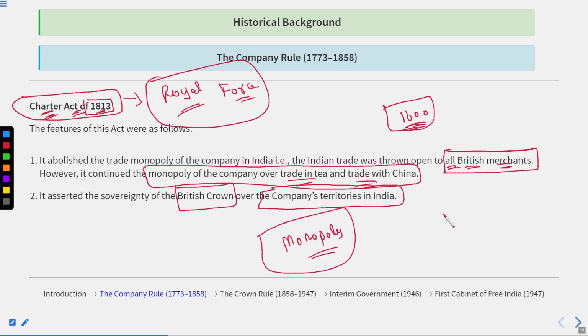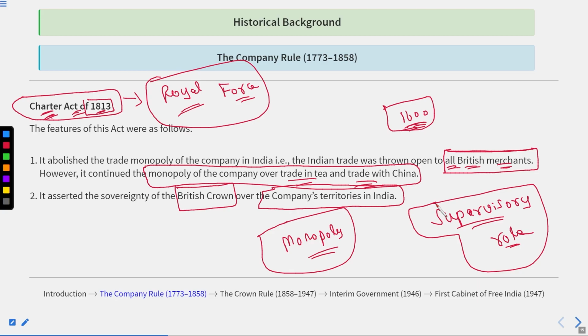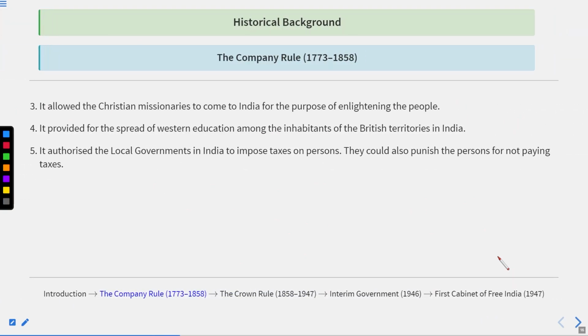But remember, just a supervisory role had been acquired by them, not absolute control. That is the main thing. No absolute control was transferred to the British Crown. Only the supervisory power had been taken over by the British Crown.